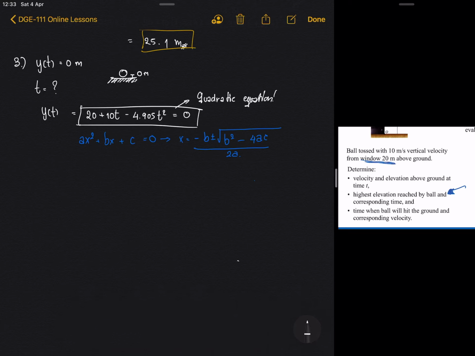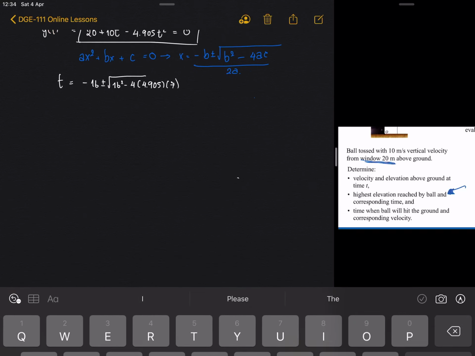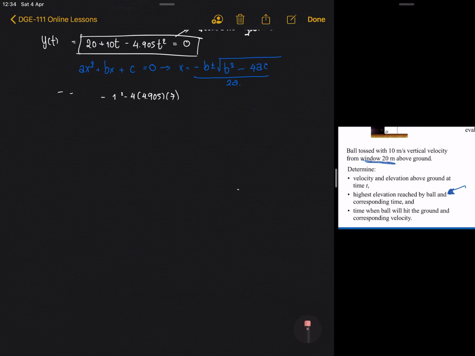and then when you use this formula on our equation, you will get t equal to... Nope, sorry, I put it in the wrong sense again. My bad.